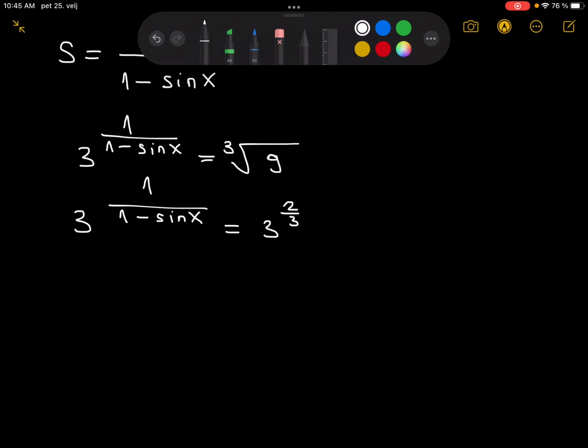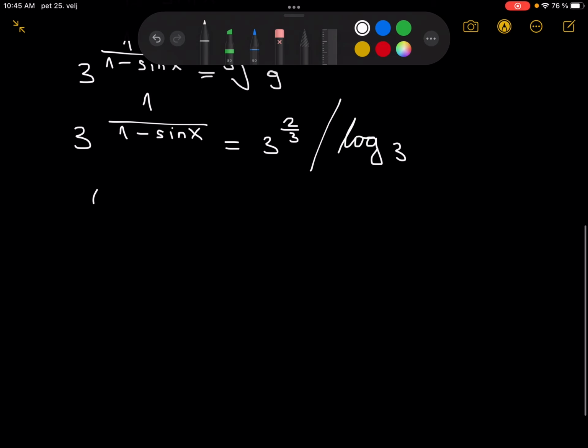So when we take the log base 3 on both sides, we'll get that 1 over 1 minus sine x is equal to 2/3.